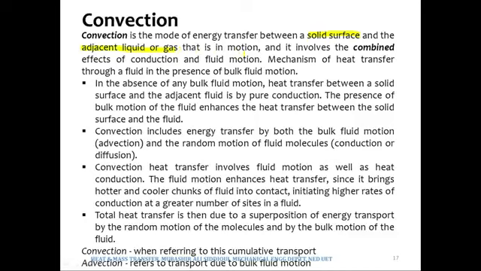The fluid would be flowing over the solid surface. That would make it the case of convection heat transfer. And in fact, convection heat transfer involves the combined effects of conduction and the bulk fluid motion.